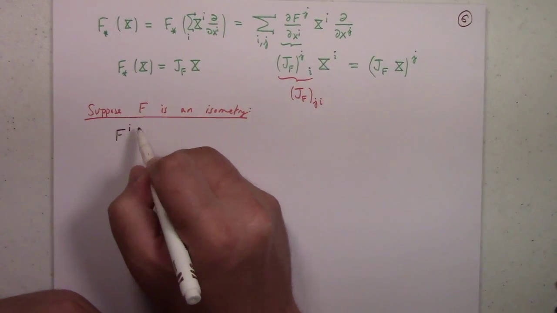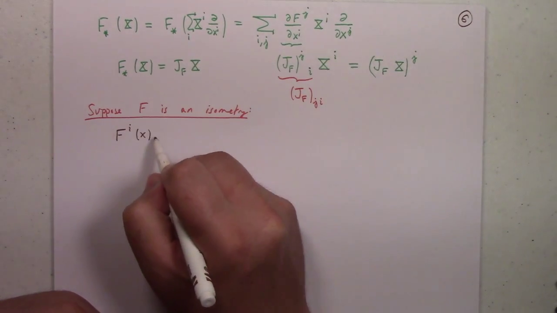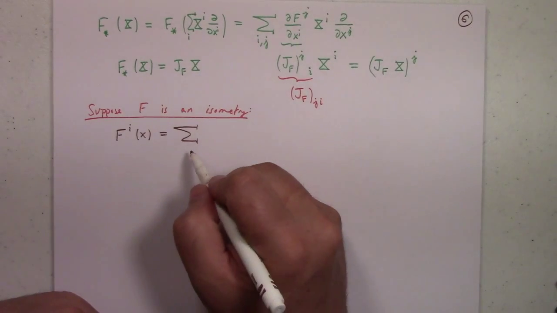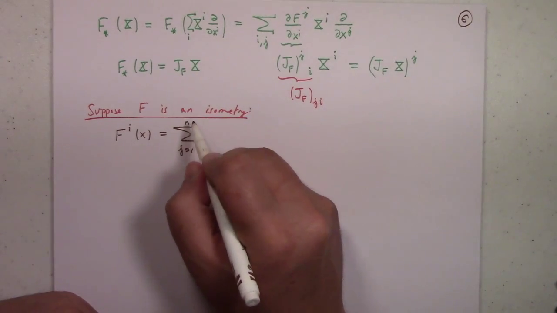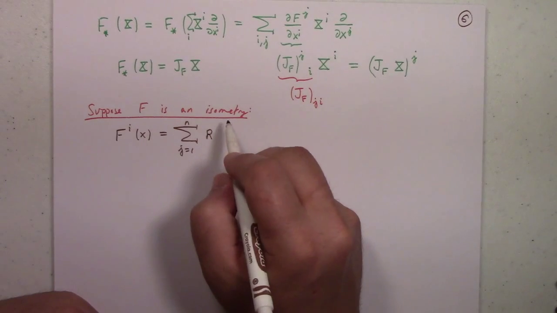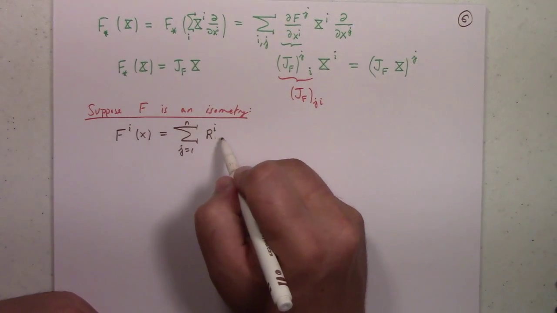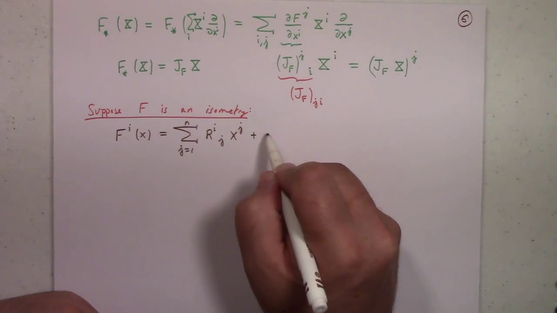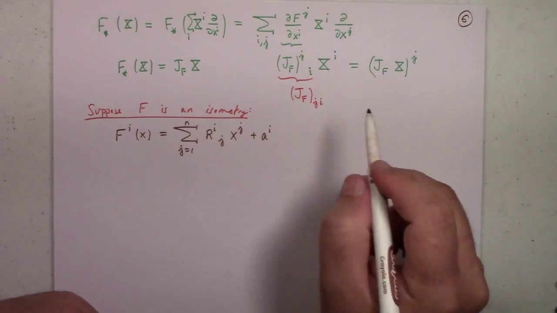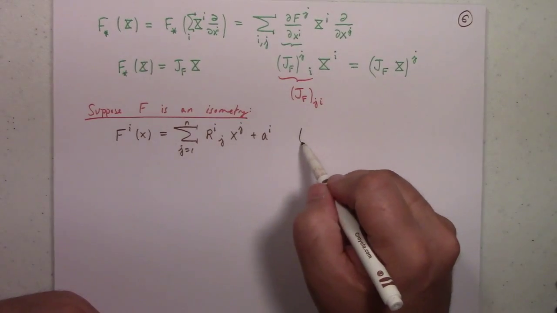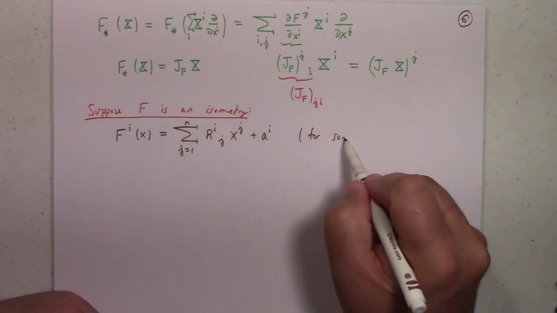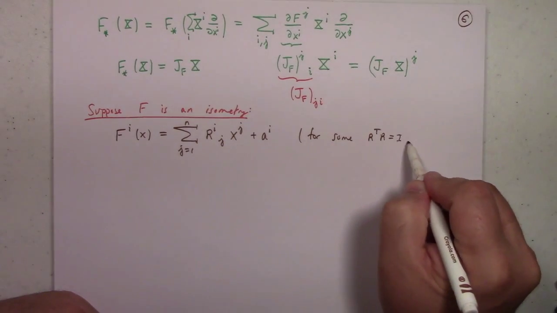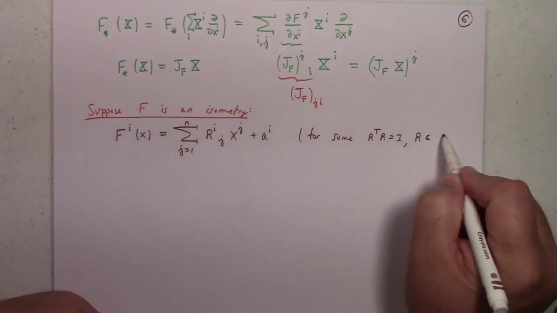The ith component of F at X is equal to a sum, j equals 1 to m, of R upper i, lower j, X upper j, plus A upper i. And this is, of course, for some R where R transpose R equals I. In other words, R is an orthogonal matrix.